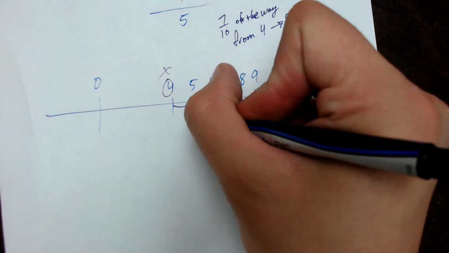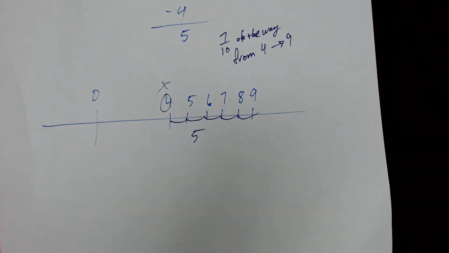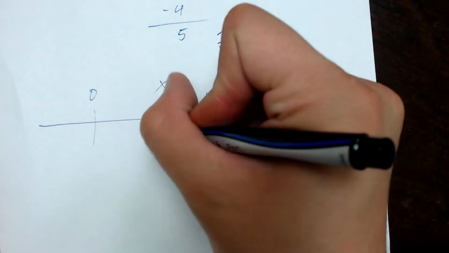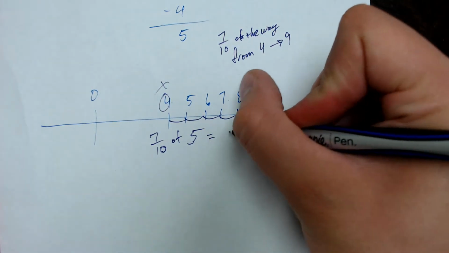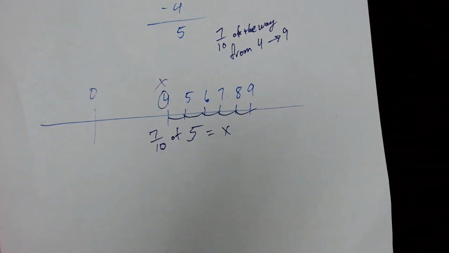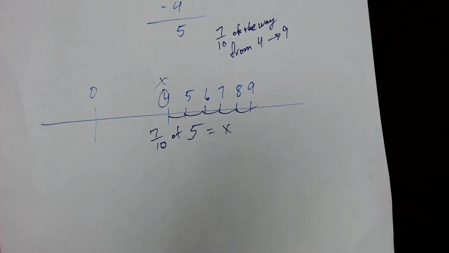So if the distance is 5, I want to find 7/10 of that distance, or I want to find the fractional part of a number. So what is 7/10 of 5 equals what, right? If you remember from our fractional equations all the way back in 6th grade math and 7th grade math and pre-algebra, we would say that fraction times of equals is, right?